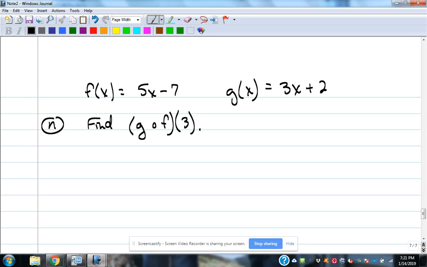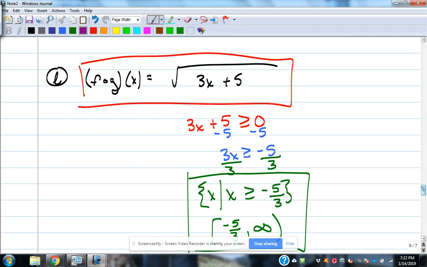So to do this, it's a composition problem, but then they're giving us an x value. So we got to do the composite thing first, right? What's going into what? Is it G into F or F into G? Look at the order.